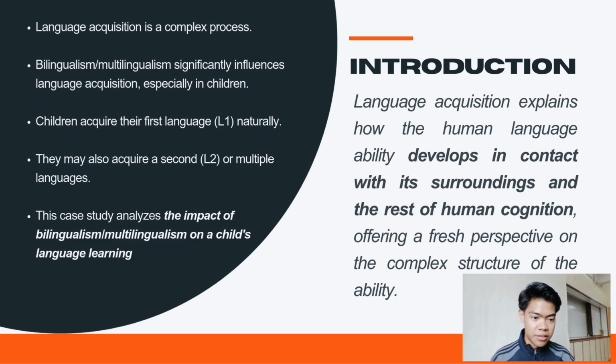As you can see on the right side of the slide, it is quoted by me, briefly, what is language acquisition. Language acquisition explains how the human language ability develops in contact with its surroundings and the rest of human cognition, which offers a fresh perspective on the complex structure of the ability. Now, as we know, bilingualism and multilingualism actually play a crucial role in shaping one's language acquisition, especially among children and adolescents.